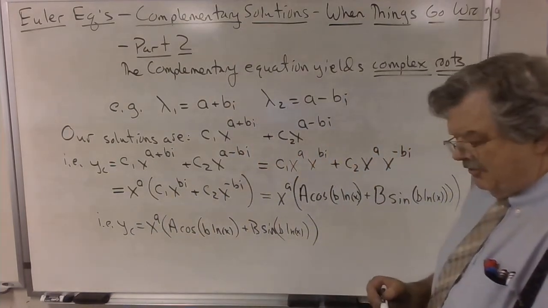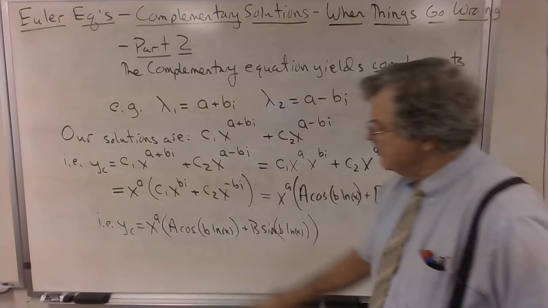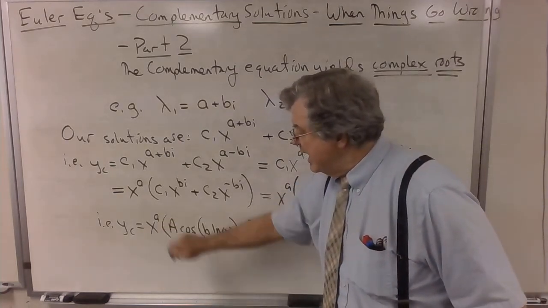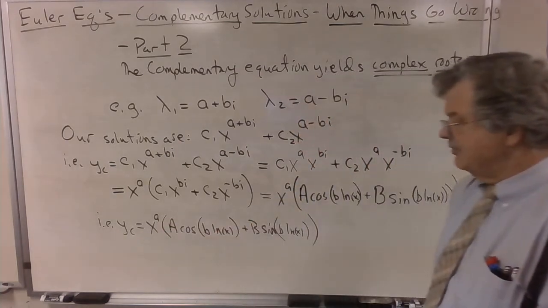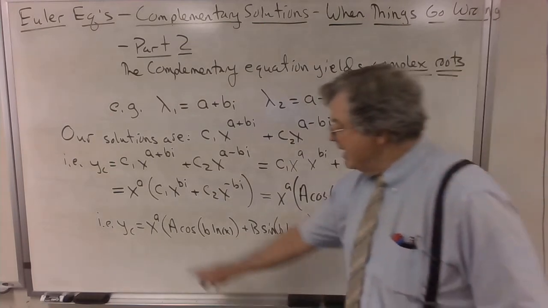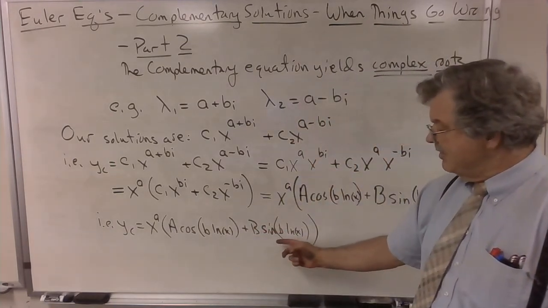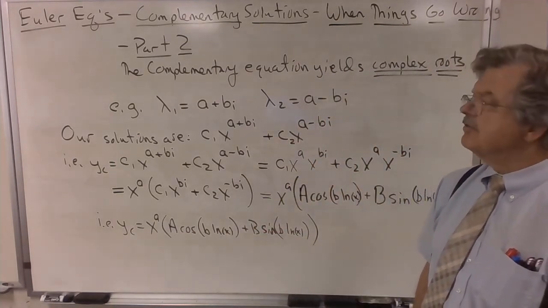And these are our two independent solutions. X to the a times this thing is one independent solution. X to the a times that thing is the other independent solution.